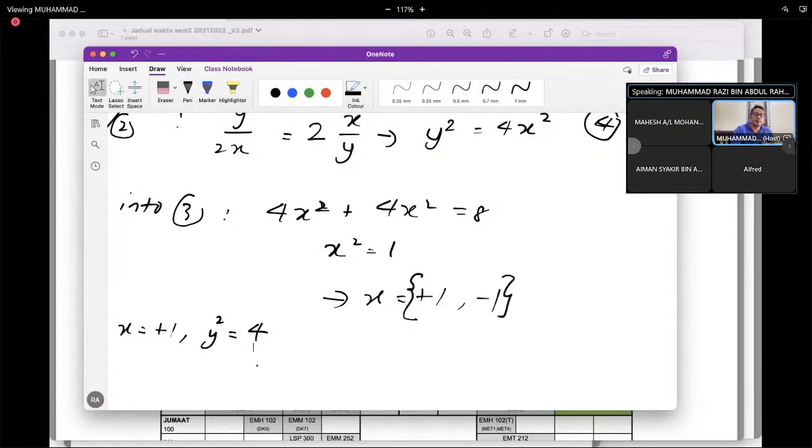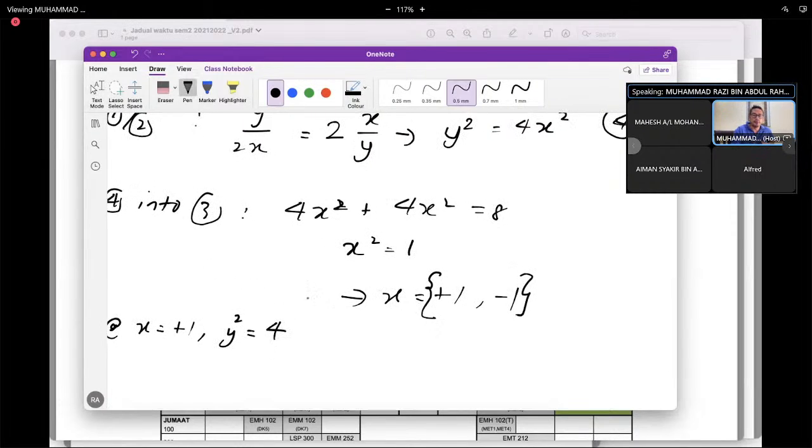So now with this, you have y having two solutions, right? Plus 2 and minus 2.